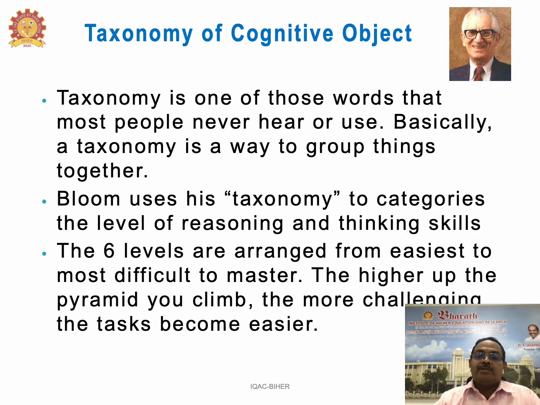Many taxonomies are available now for different purposes, but Bloom's taxonomy is the most prominently used in education. Bloom developed his taxonomy from lower level to higher level like a pyramid, because the learning process always starts from the lower level and moves to the higher level.